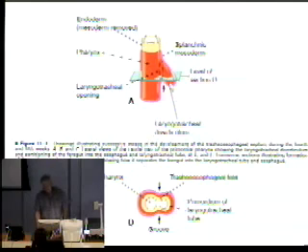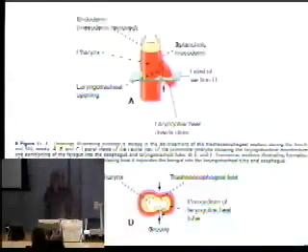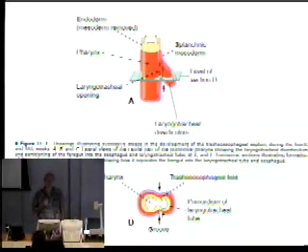So obviously, if there is a failure for this to occur and fusion to complete, then we're going to have a persistent opening between the GI system and the respiratory system, and that's obviously not a good thing to have.